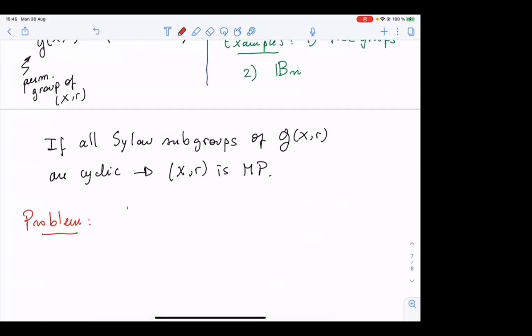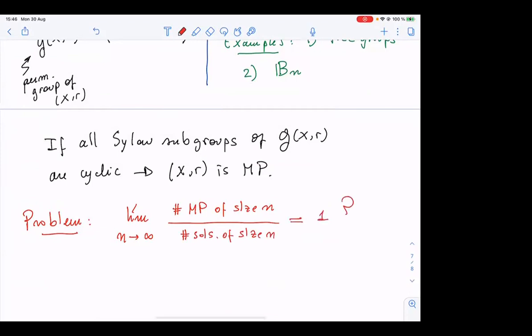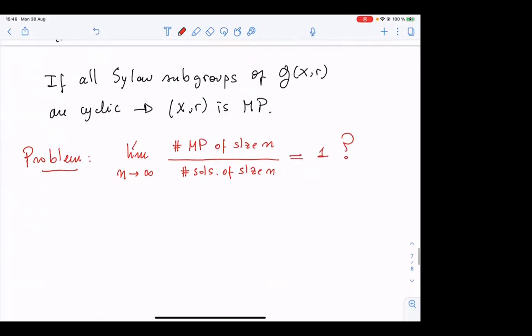So for example, this could be it: proving that the number of multi-permutation solutions of size n over the number of solutions of size n, that this limit goes to 1. So this is an open problem. I don't know that, but it would be nice to have this.